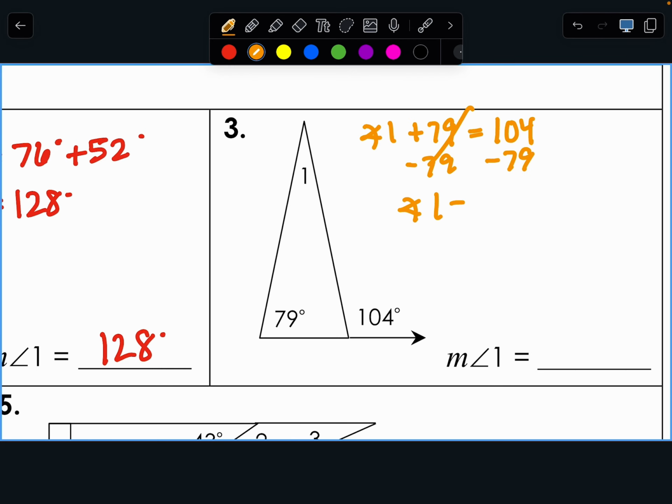So angle 1 equals 535. Nope, 25. I can subtract.